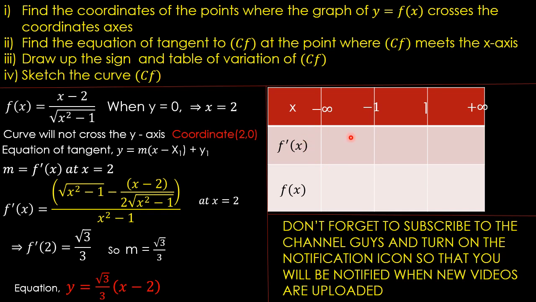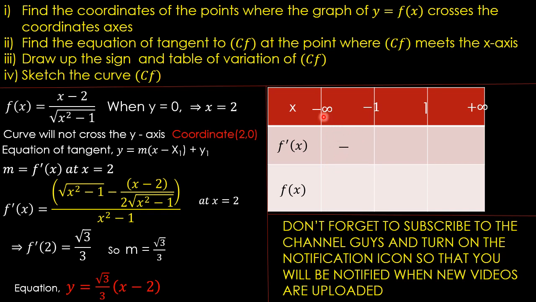So now, guys, if we take any value between negative infinity and -1, and we plug it into our function and observe the sign, we'll see that the sign is going to be negative.